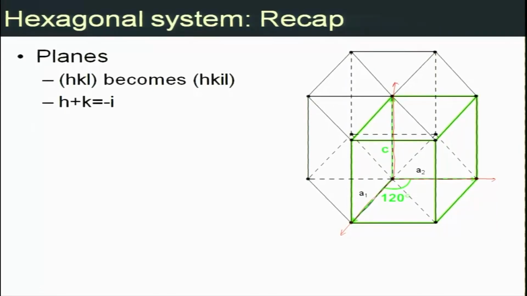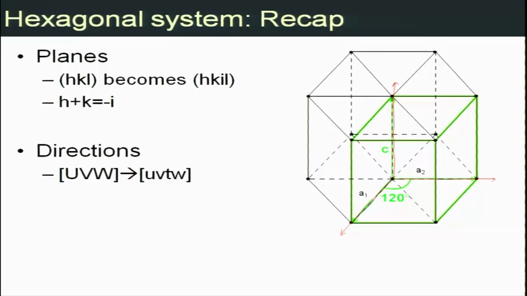Before I go into that, let me tell you that HKL becomes HKIL with the condition H plus K is equal to minus I, and the direction capital U, capital V, capital W in the 3 axis system becomes UVTW with the condition capital U is equal to 2U plus V, capital V is equal to 2V plus U, and capital W is equal to small w. This is very simple to do.